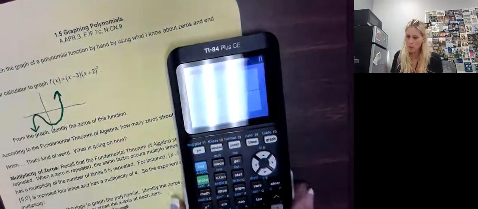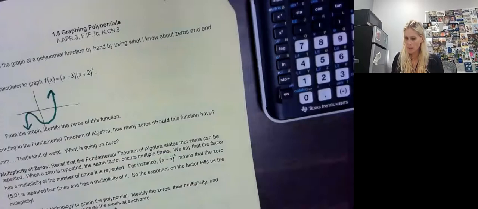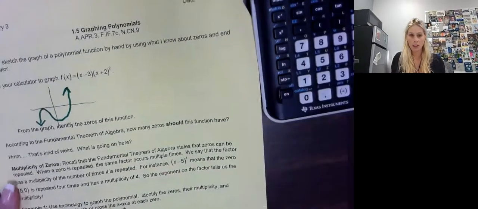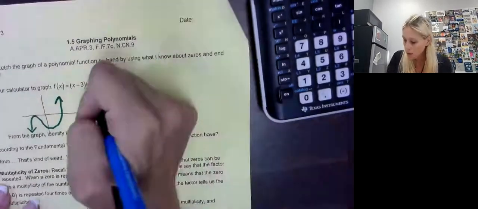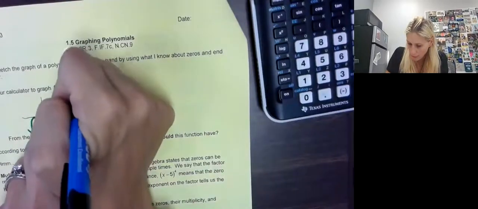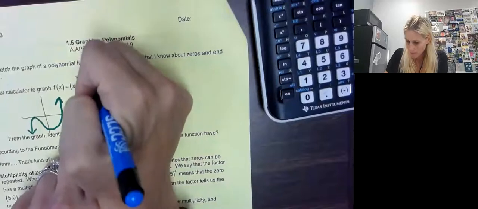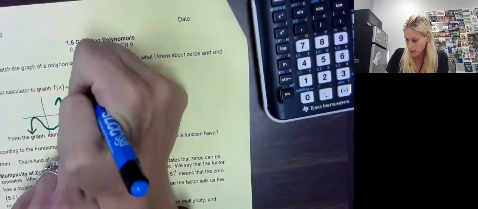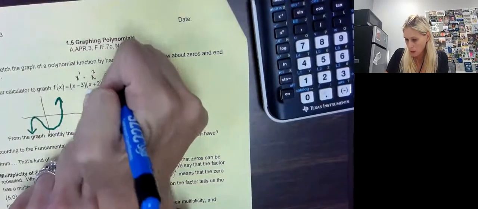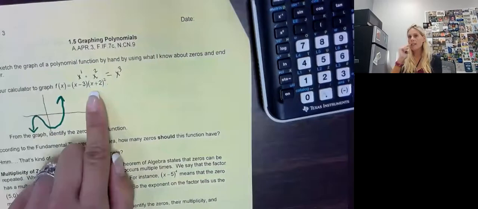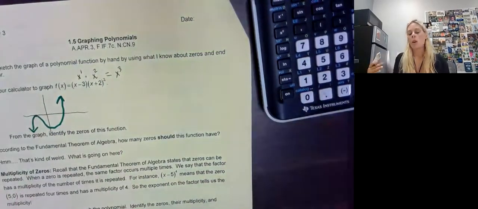According to the fundamental theorem, how many zeros should this function have? Well, this here is x to the first. Here, this would be x squared. And when you multiply these two together, we get x cubed. So according to the fundamental theorem of algebra, we should have 3 zeros.